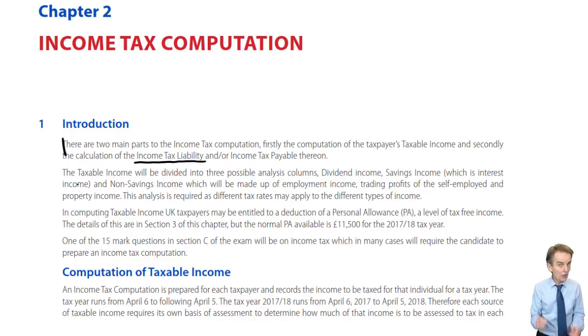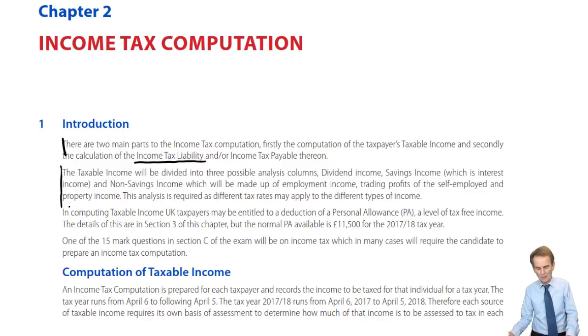In terms of our taxable income, this first part of the computation, as we keep saying here, as in this second paragraph, it says, we're not just going to list out each individual source in one single column. We're going to do some analysis columns as well. Now, you might think, why are we bothering to analyse? Surely all we want to know is the amount of income in total that is chargeable to tax, and then proceed to do the tax calculation thereon.